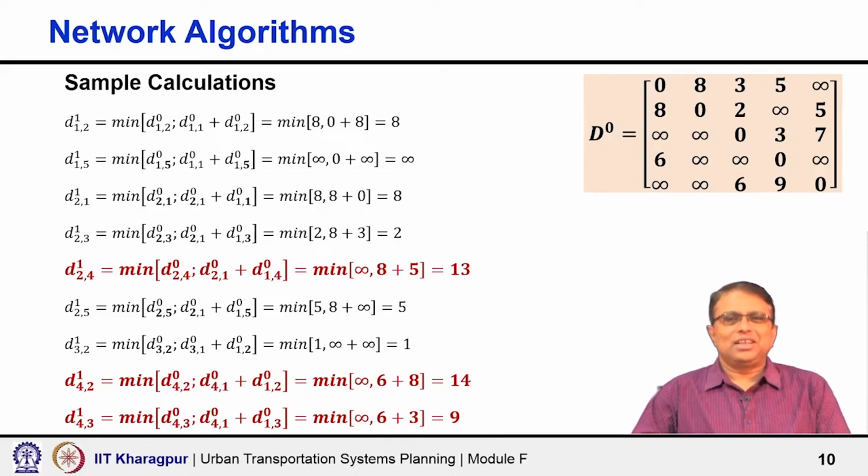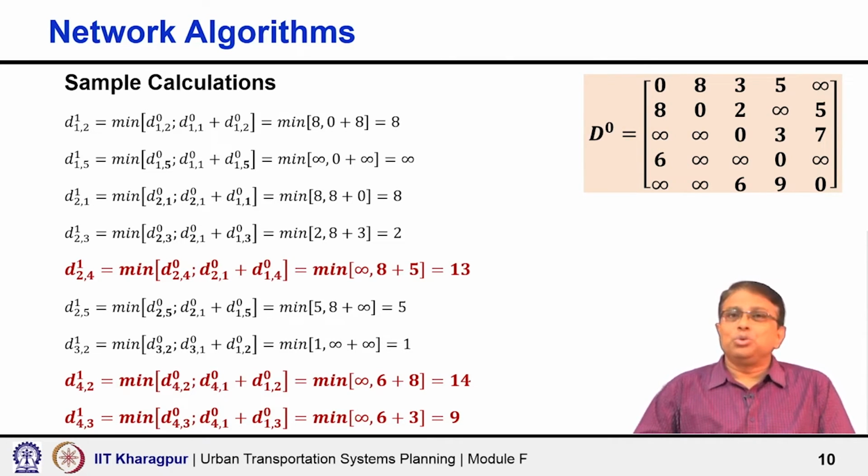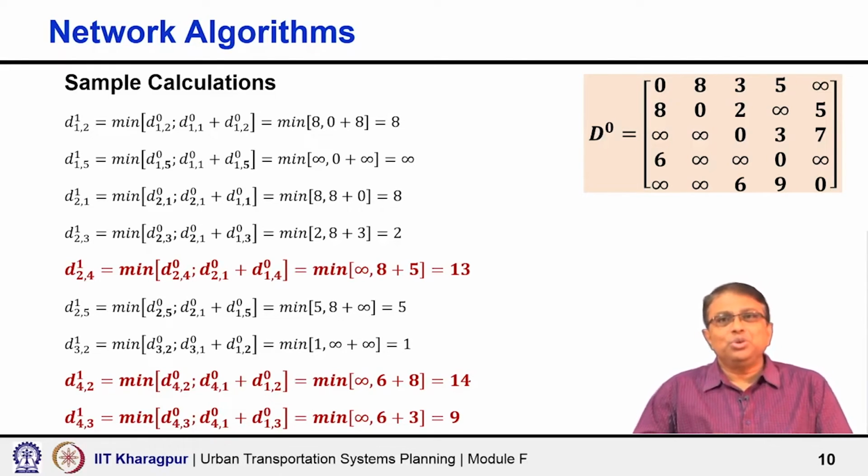So, I update my cost. That particular cell I shall update, and I also have to update the predecessor node for 4. The predecessor node will no more be 2, it will be changed to 1. Same way, D42: there was no direct connection, but when I travel through 1, 4 to 1 and 1 to 2, my cost is 14. 14 is less than infinity.